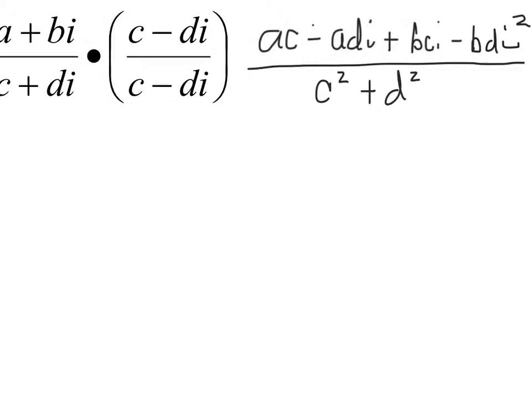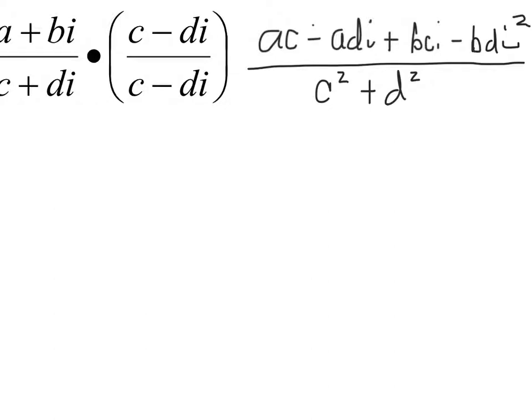And then I multiplied a BI times C, and I got plus BCI. And then I multiplied the BI times the negative DI, and I got negative BDI squared. And in the denominator, we get C squared plus D squared because we're using our little shortcut, okay?